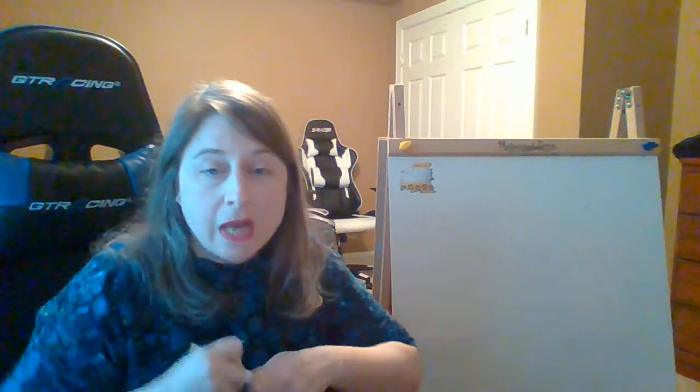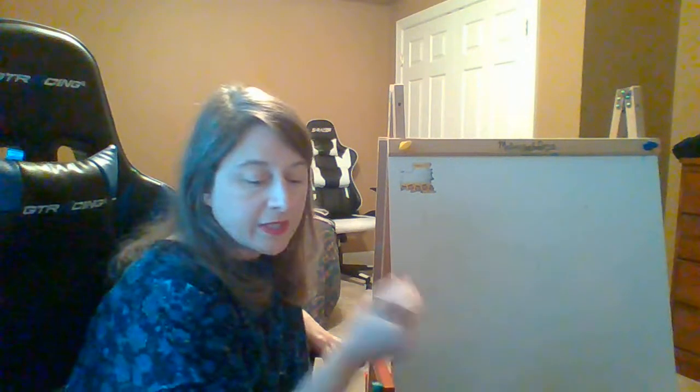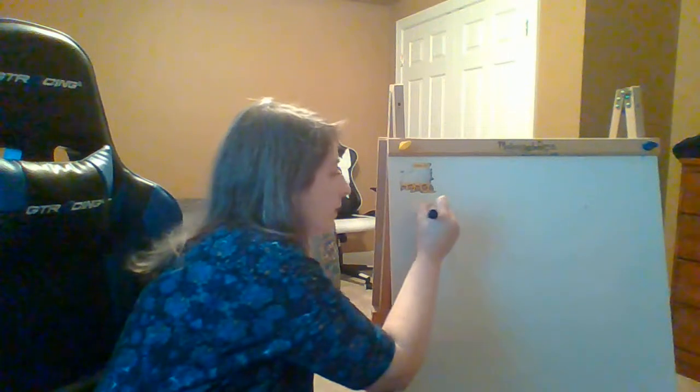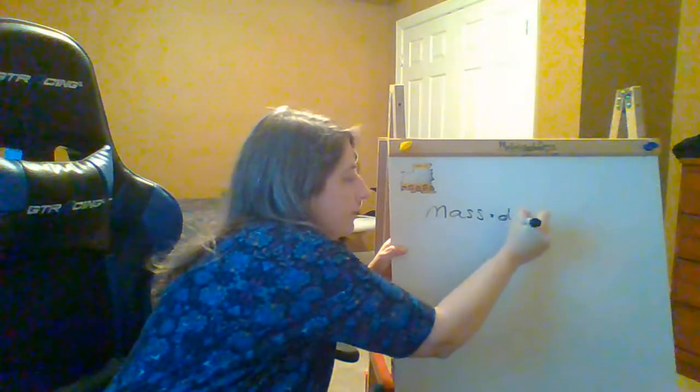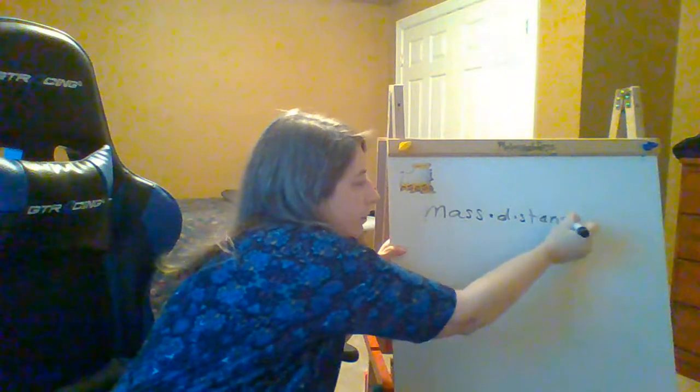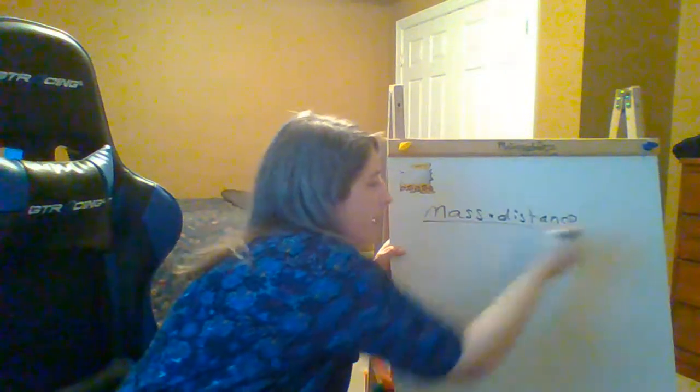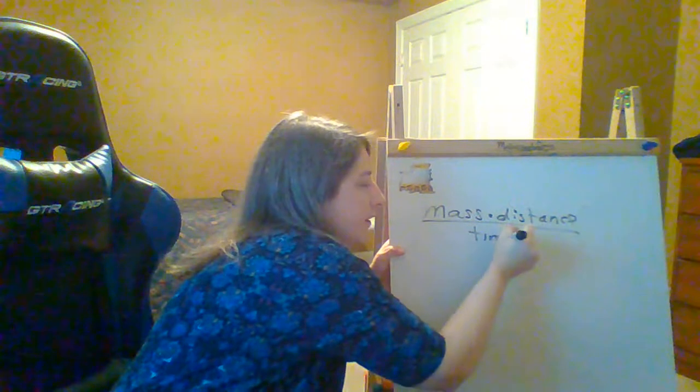So force has a complex unit, kind of like acceleration, right? Acceleration has a unit of meter per second squared. Velocity has meter per second. So you have multiple units combined to make a unit. That's a compound unit. So force is a mass times a distance divided by a time squared.